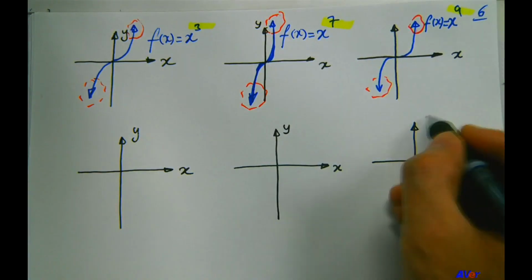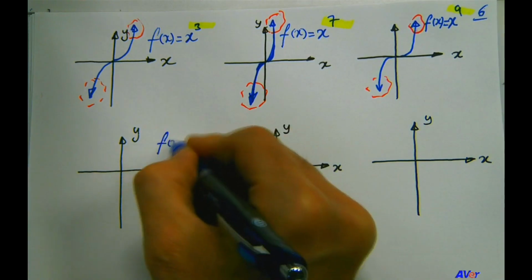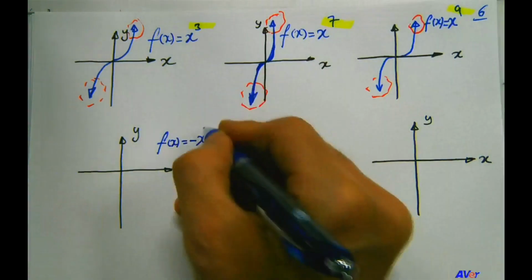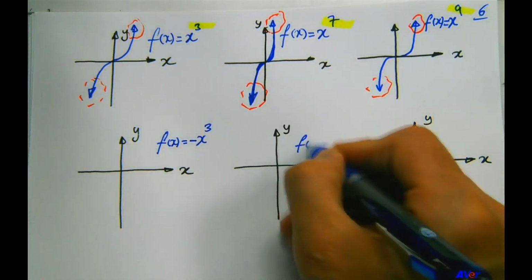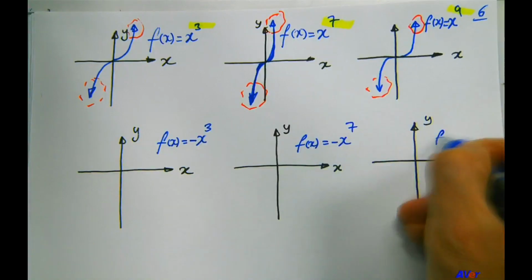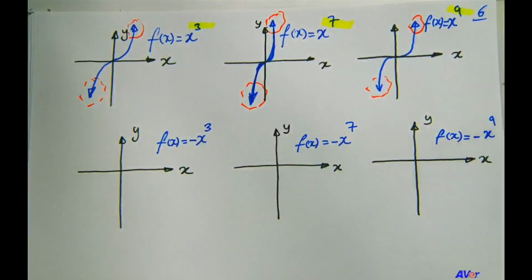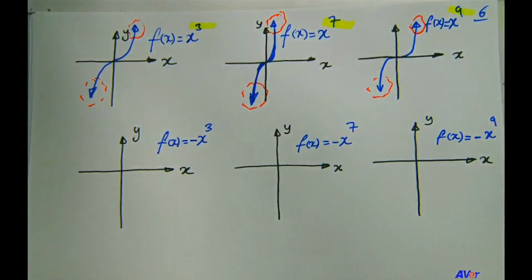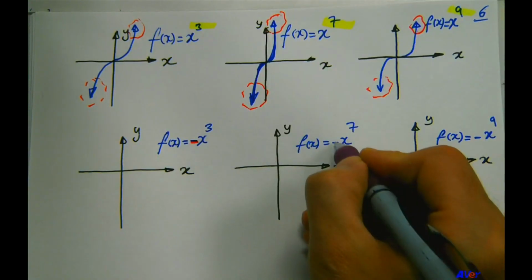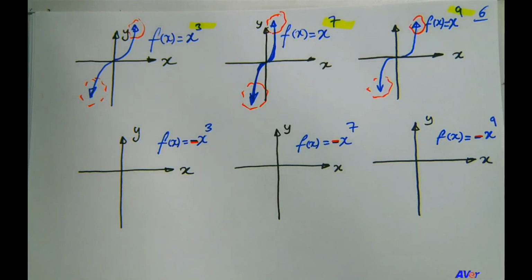And this was also x and y. So we're going to graph these three functions, as opposed to x cubed: minus x cubed, minus x to the 7th, and minus x to the 9th power, right? So again, I should have done this with a different color, to help it stand out like that, okay?